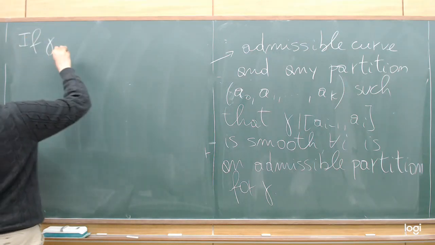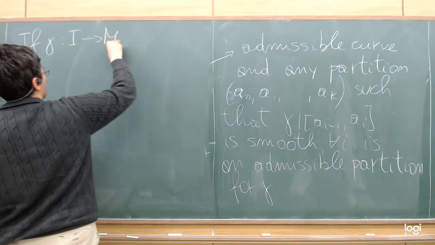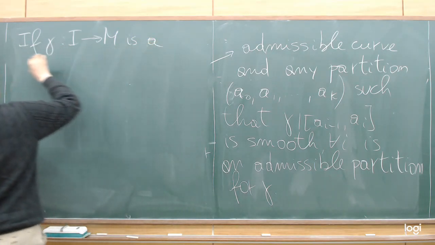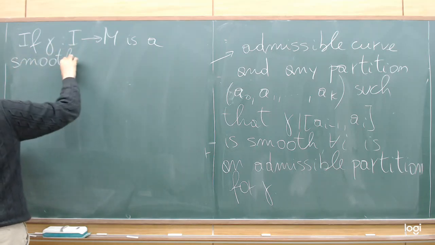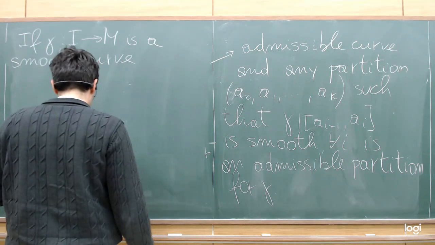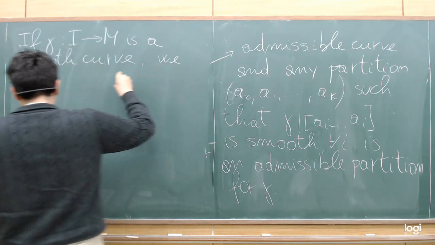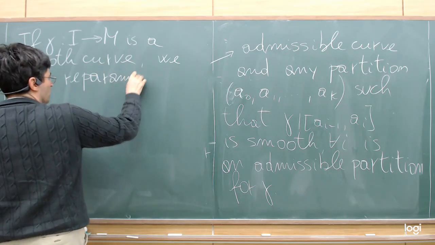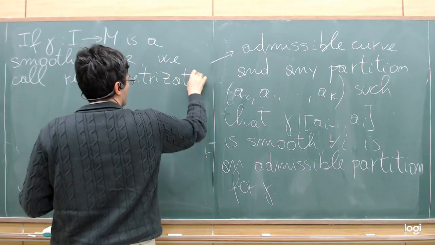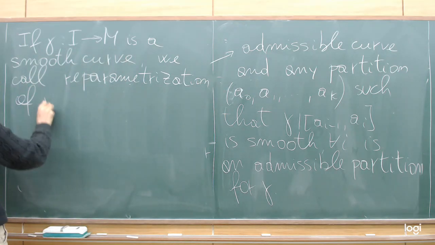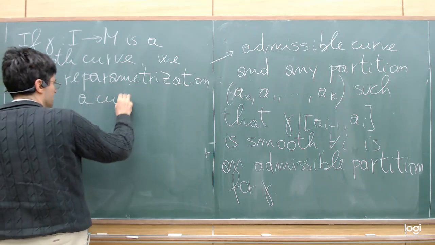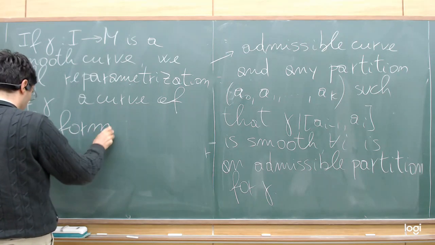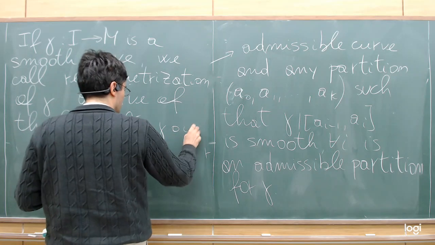So if gamma from I to M is a smooth curve, we call a reparametrization of gamma a curve of the form gamma tilde equal gamma composed with phi.